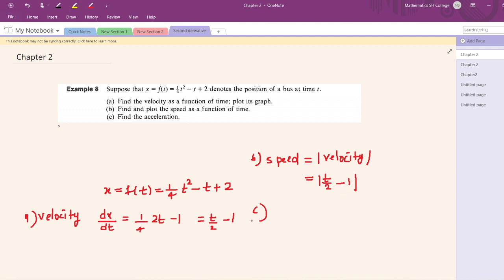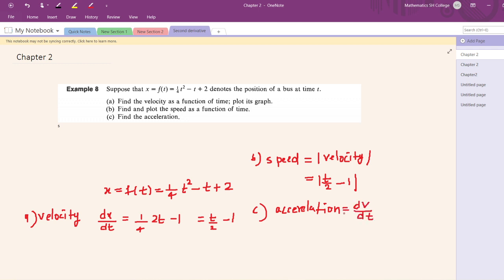Now acceleration happens to be the second derivative of x. We have the velocity, and we have to again differentiate this with respect to t. So acceleration happens to be the derivative of velocity, that is dv by dt.